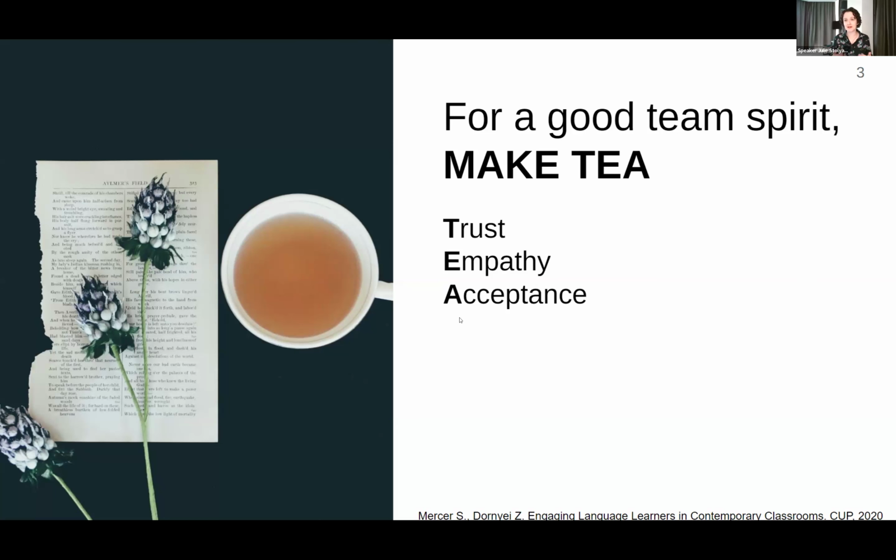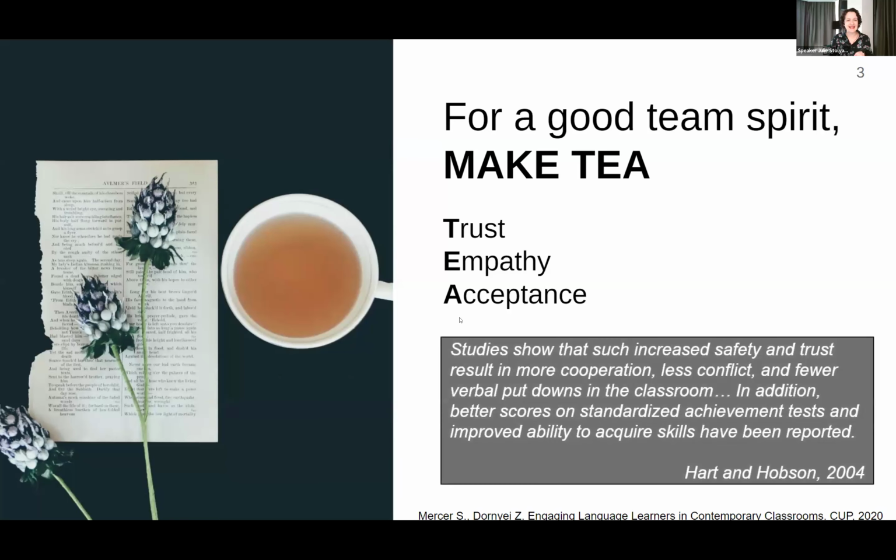This has some very serious research to back it up. In a 2004 paper by Hart and Hobson, they write, studies show that such increased safety and trust result in more cooperation, less conflict, and fewer verbal put-downs in the classroom. Sounds like a welcoming atmosphere to me.